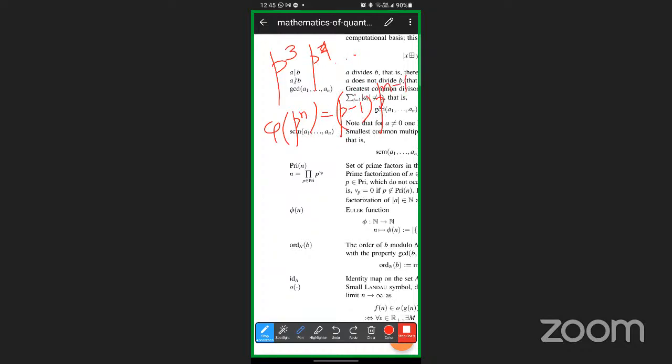As we have calculated for p square, you can calculate for p raised to n. Can you do that? Try it. So phi of p raised to n, the number of integers relatively prime to p raised to n, will be p minus 1 times p raised to n minus 1.